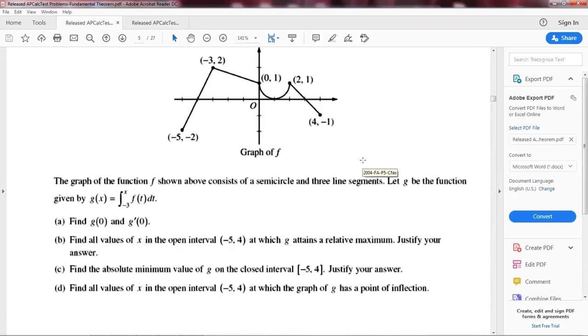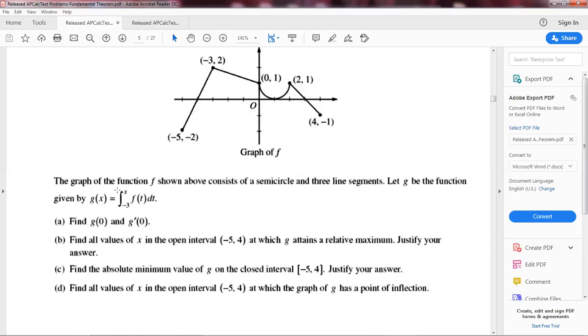We can possibly solve this one, correct? Let's see this one. The graph of the function f shown above consists of a semicircle, here is the semicircle, and 3 line segments.